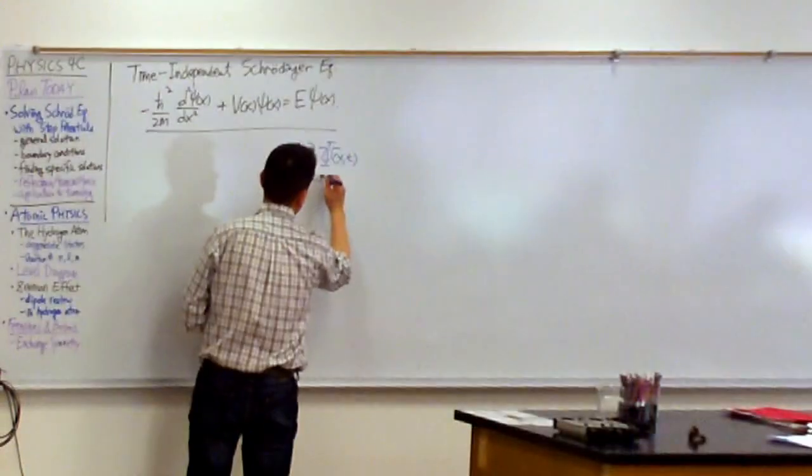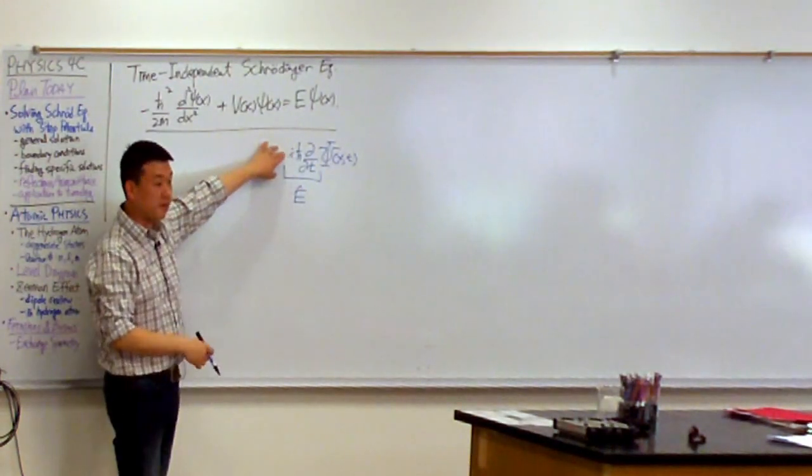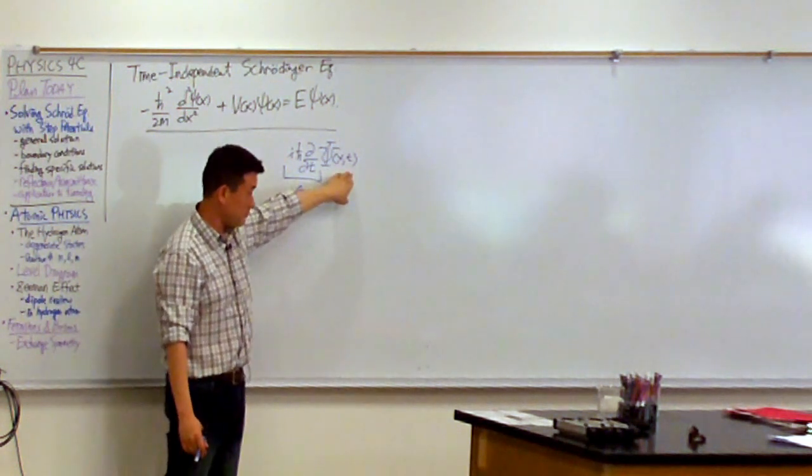The time-dependent Schrödinger equation was written out as i h bar partial time derivative of the time-dependent wave function. And really, this here is the energy operator. This is the mathematical device that's measuring the energy of this wave function.